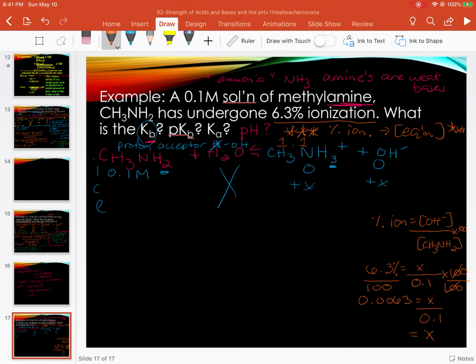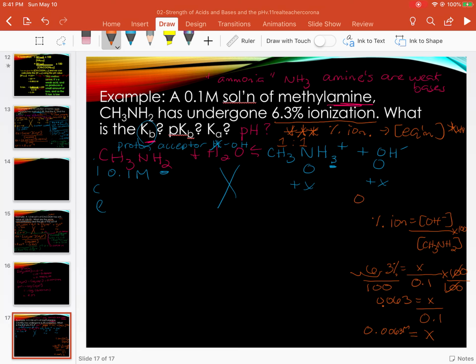So X is 0.0063 times 0.1, which is going to give us, sorry, I put too many decimals in here. There we go, 2 decimal places. And then times 0.1 is 0.0063 in the end here.